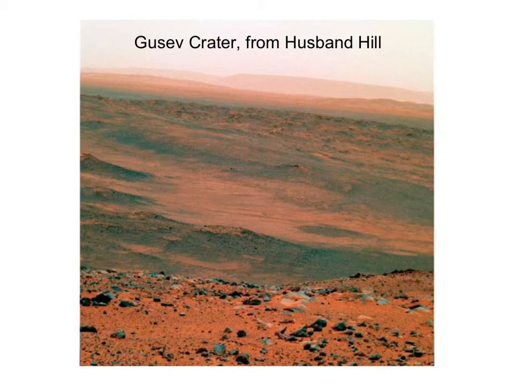Here's a view from one of the hills that the Spirit rover climbed. So in terms of landscapes and vistas, a lot of Mars kind of looks like the desert Southwest. If you're a geologist who loves studying those kinds of landscapes, you would kill to get a chance to actually explore those on Mars.